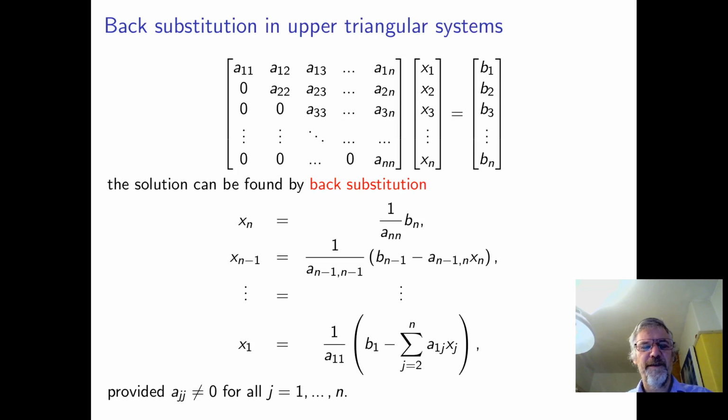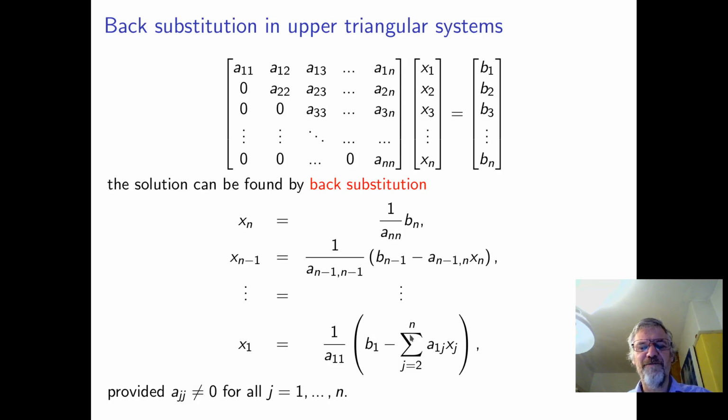And in general the back substitution solution can be written down. Of course it looks a bit complicated to write down. It's actually quite easy to do, but the nth component, xn, is just bn over ann, and then to get the next component, the back substitution is bn minus a(n-1)n xn, that's the previous row.